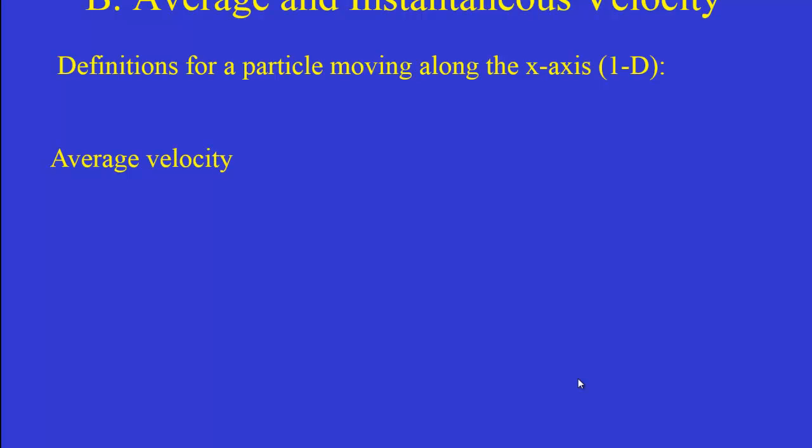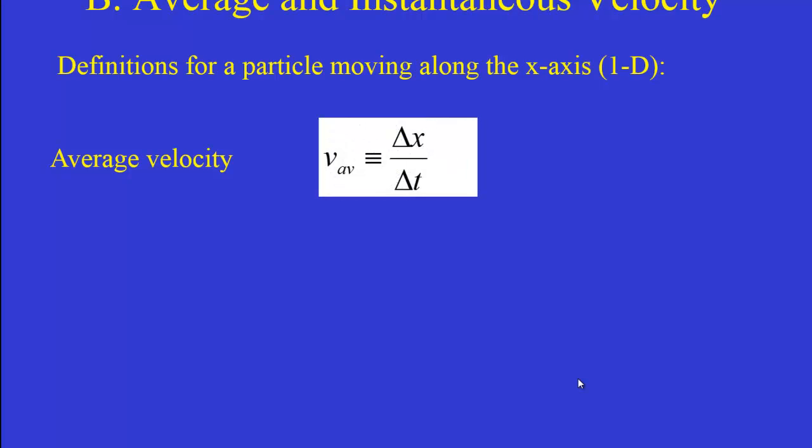So for a particle that is forced or constrained to move only along one direction, we're going to call that direction the x-axis. And then for it to move along that direction, we can define its average velocity as it moves from one point to another point along that one-dimensional direction.